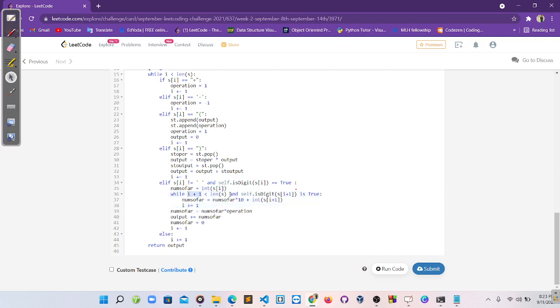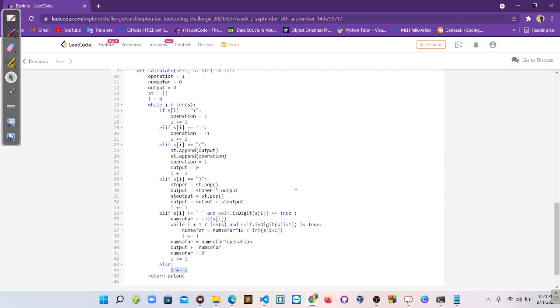If it is less than the length of the string, and if it is a digit, we will simply calculate the number so far, and after that we add this to our output, whatever the number so far we have, and again make it 0 because we have to calculate the next characters we have. And if none of them meets, we simply increment to our next character.